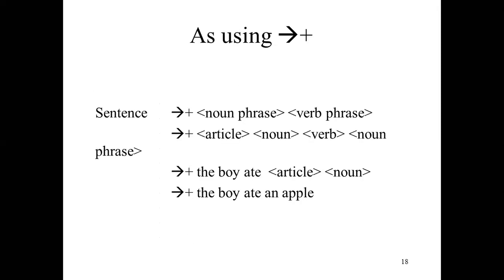So using the arrow with plus sign, for the sentence you can write noun phrase, verb phrase, because from the sentence you can break noun phrase and verb phrase in one or more steps. As you break, if you have the connectivity with the sentence, then in one or more steps you will get this.